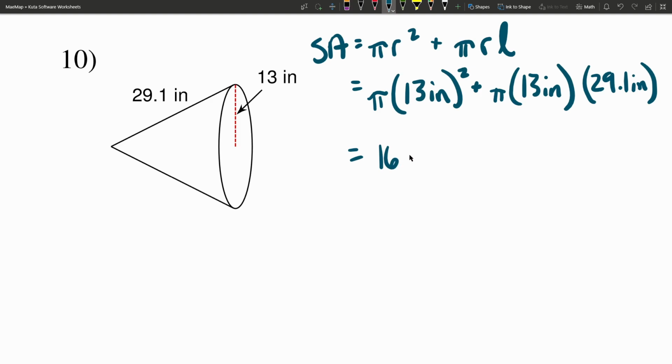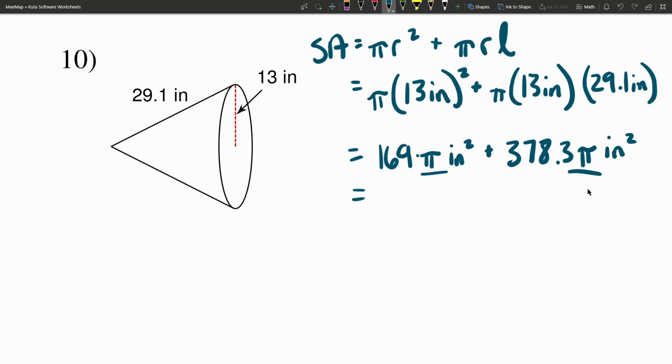So we have 169 times pi inches squared plus 13 times 29.1 is 378.3 times pi inches squared. Again, because both have pi in it, I'm going to wait to multiply it out and just add my numbers at the start.